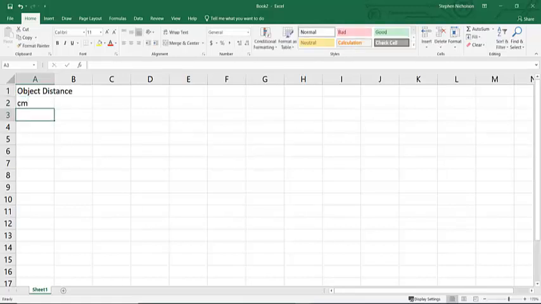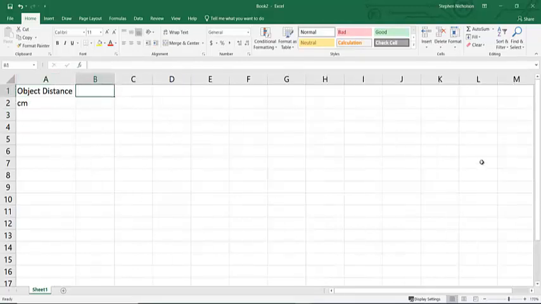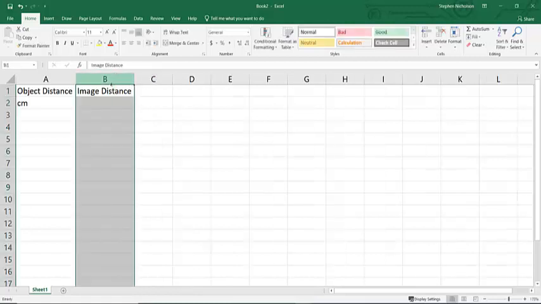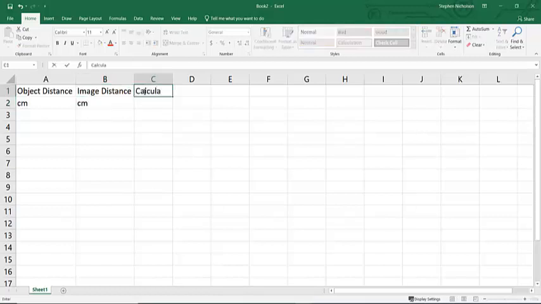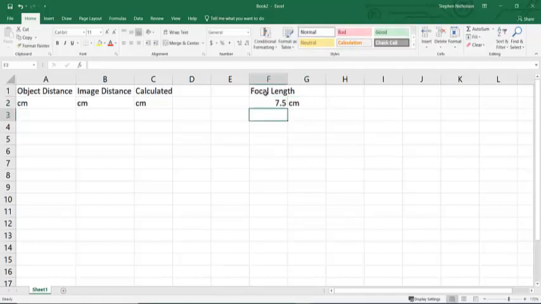So if you did it in millimeters, you can either change it to centimeters, or you can just label it. And then you have the image distance. Now, that's the measured, and this is going to be the calculated. And over here we're going to put the focal length. So focal length is 7.5 centimeters or 75 millimeters.